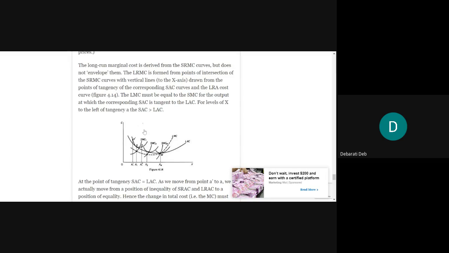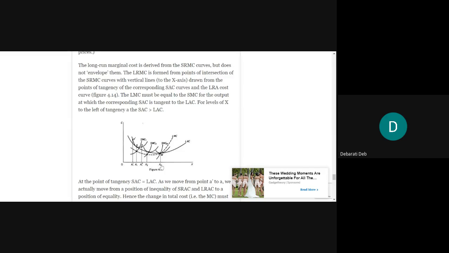Okay. The long run marginal cost must be equal to the short run marginal cost for the output at which the corresponding short run average cost is tangent to the long run average cost. Now, like this, you will go on drawing the vertical lines from the points of tangency to the x-axis.